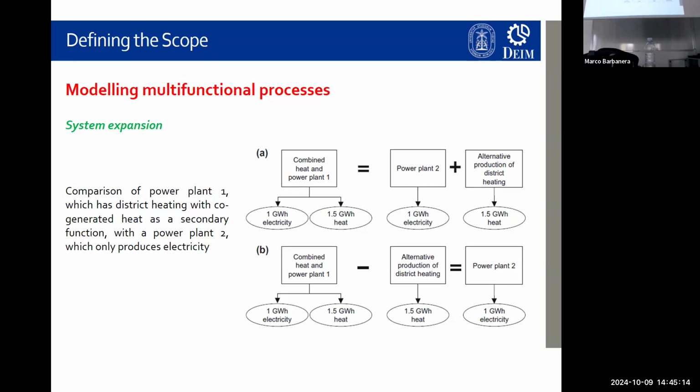So in this case, we have to subtract the environmental impact of the production of 1.5 gigawatt hour of heat obtained from the combustion of natural gas from the total environmental impact due to the cogeneration plant. So this is an example. It's not important for us.